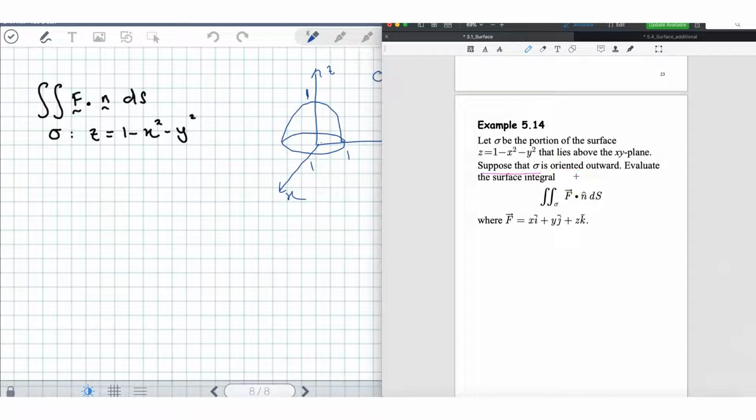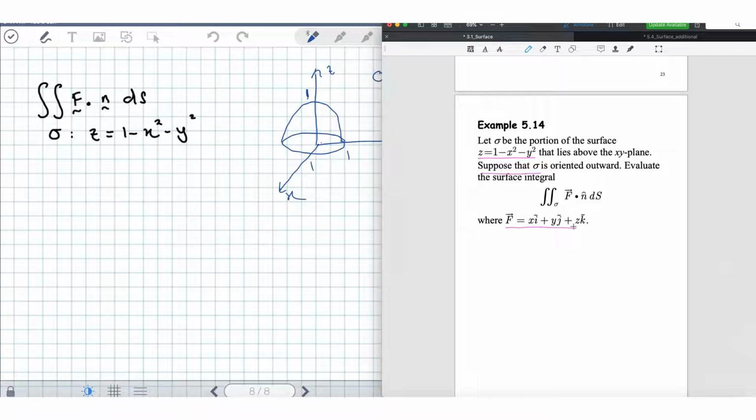That is the condition for you to compute the surface integral, where your normal vector always points outward to the surface. So you have to evaluate this where, in your question, the function of the sigma and the vector function must be given. Otherwise, you can claim that the question is incomplete.